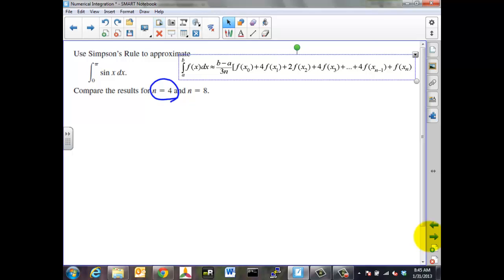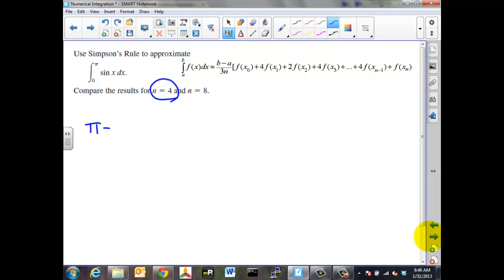Well, what's our A and what's our B? All right, so we've got pi minus 0 over 3. And what's our n? 4, because we're going to do that one to begin with there, okay? Now, how are we going to figure out these x's in here?